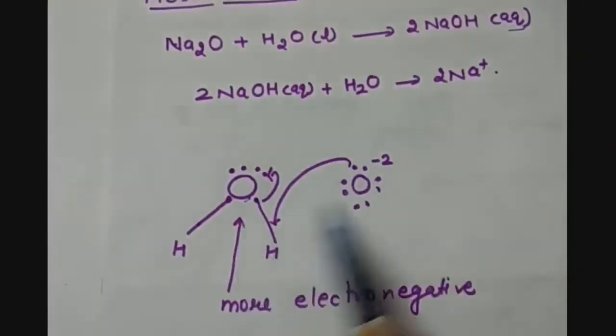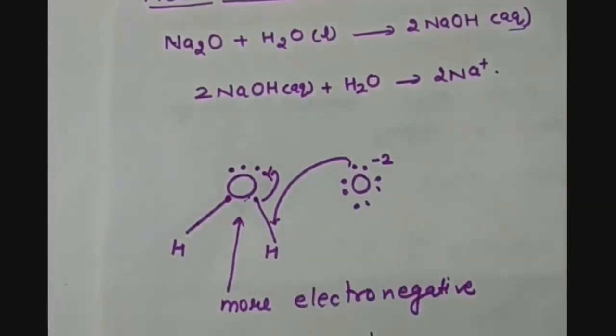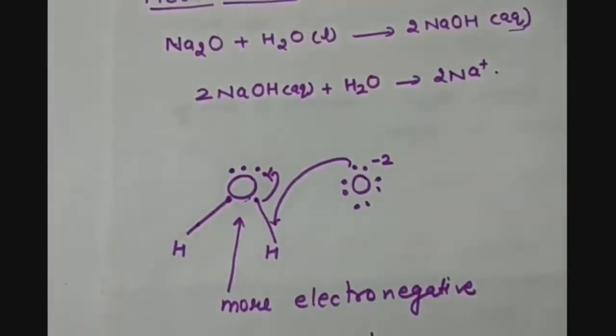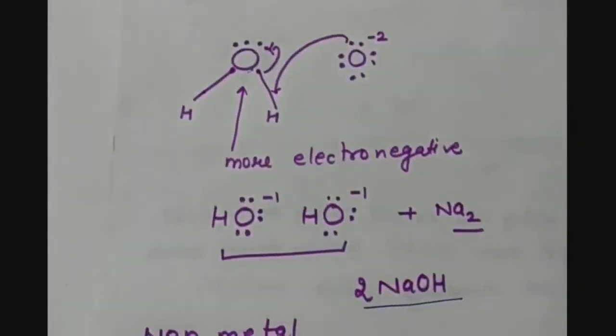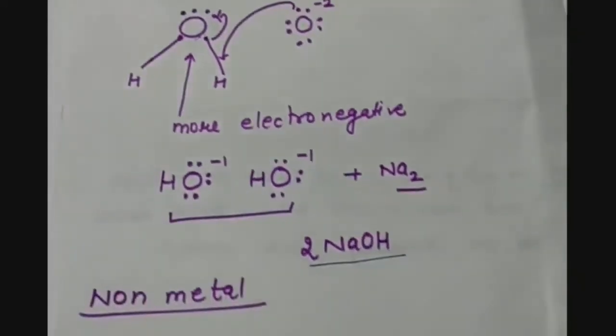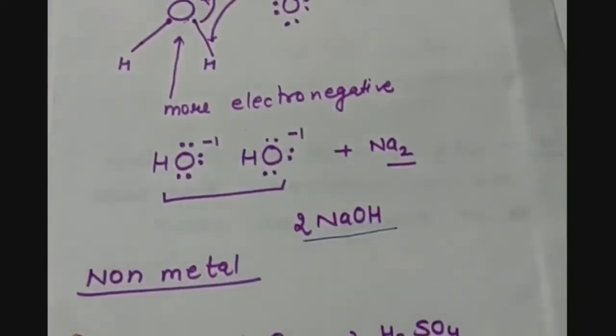Now both are converting into OH- ions. Now we have two OH- ions which will react with 2Na+, and hence it will form 2NaOH.